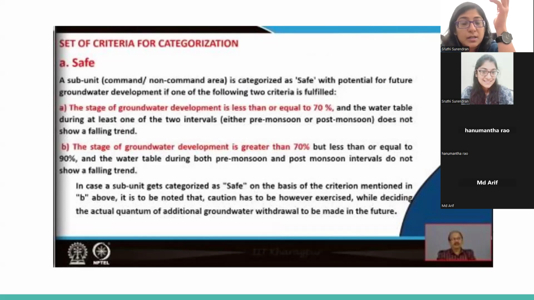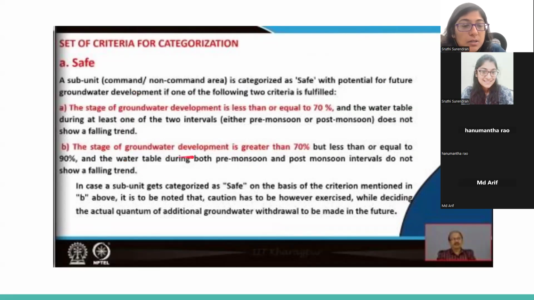So although it is not showing a complete declining trend in the water level, there will be a decline in trend for either the pre-monsoon or post-monsoon season. The groundwater development is equal to or less than 70%, but in general, it has a potential for good groundwater development. Then again, there is a category.